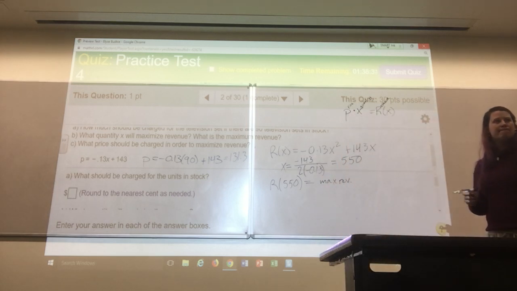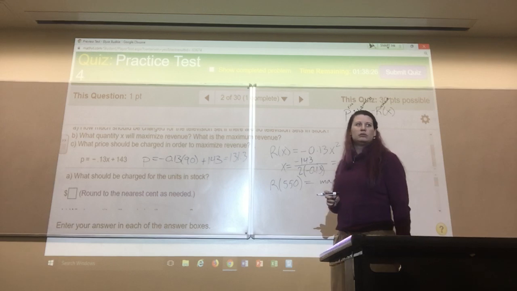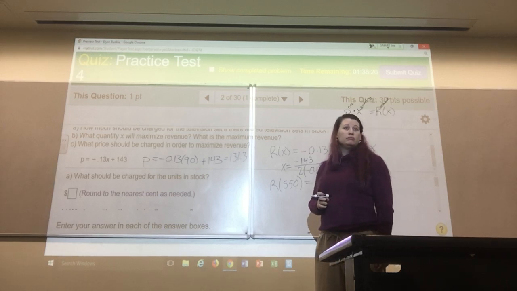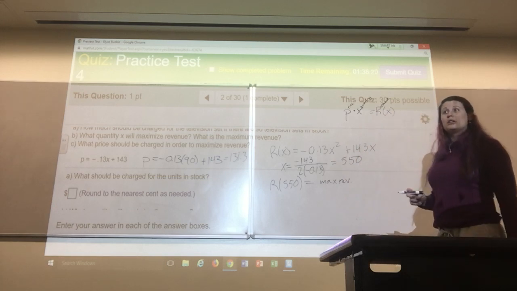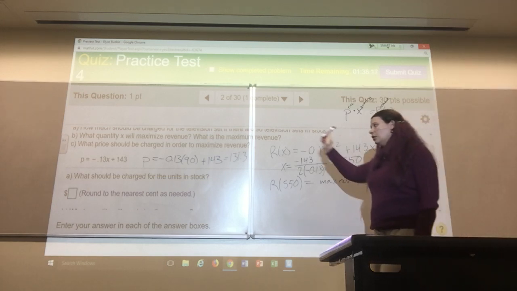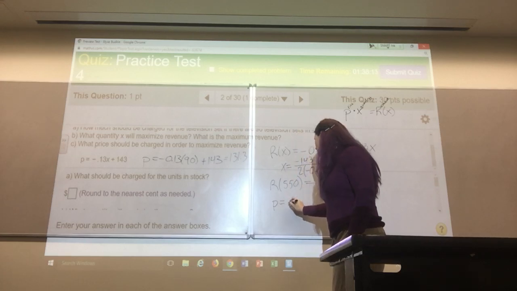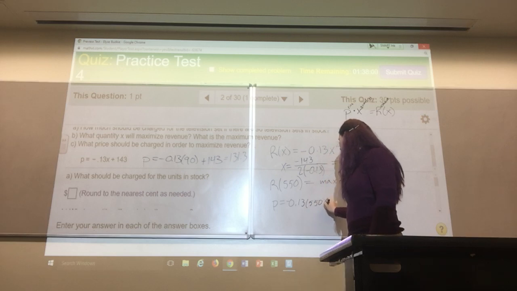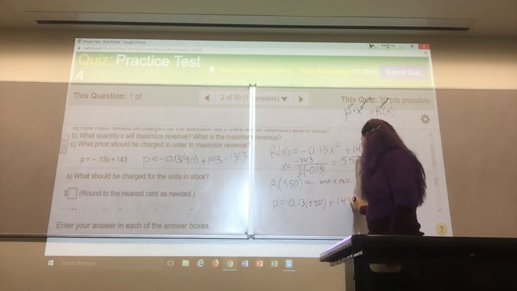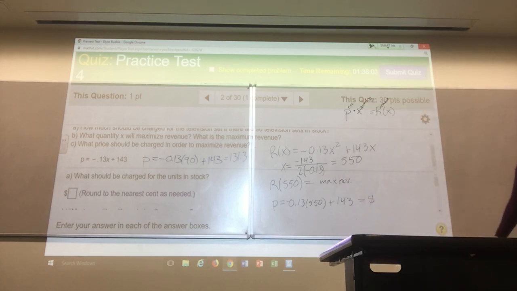Then, what price should be charged in order to maximize the revenue? Plug the 550 into the price equation. So P equals negative 0.13 times 550 plus 143, and that equals a dollar amount.